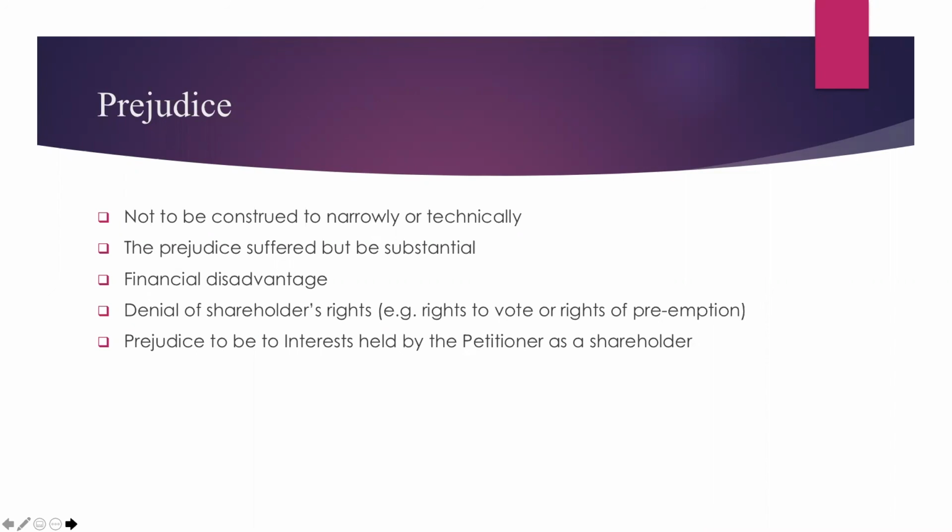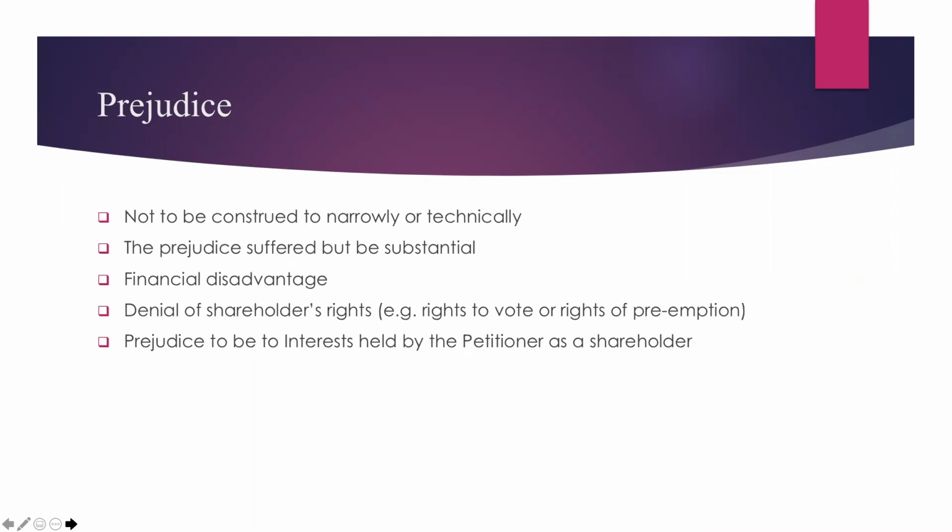But I think, as I've already indicated, there is quite a lot of jurisprudence that suggests that the petitioner's interests as a shareholder may be considered to be a relatively wide concept within this jurisdiction. So, for example, it may well include prejudice to a petitioner's interests as a lender at the time that he made his investment in the company, both in the form of lending as well as taking a subscription for shares.